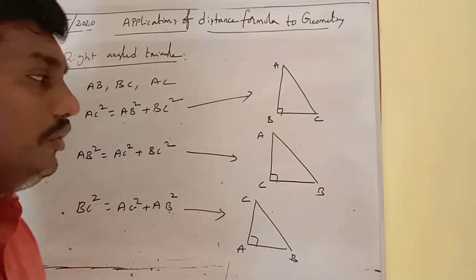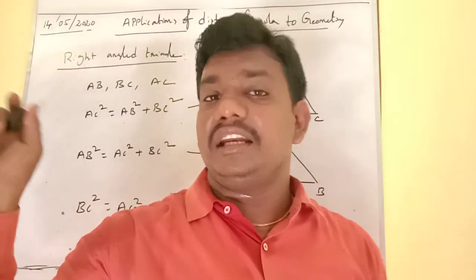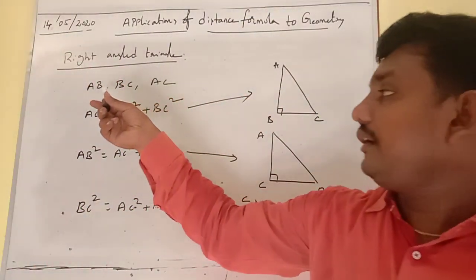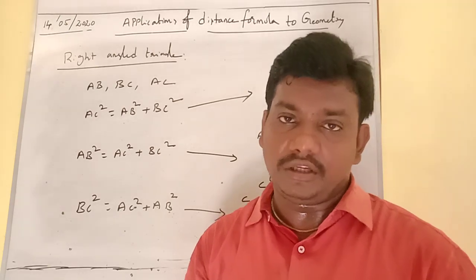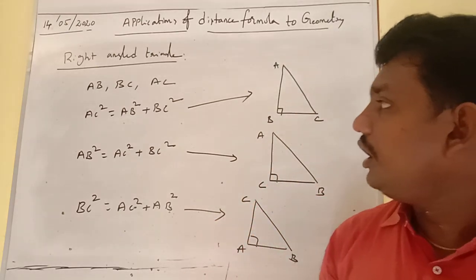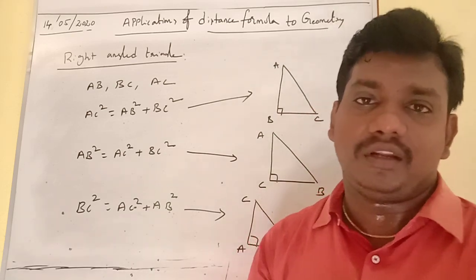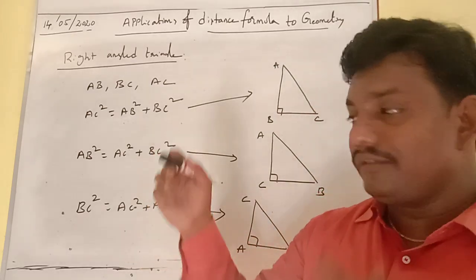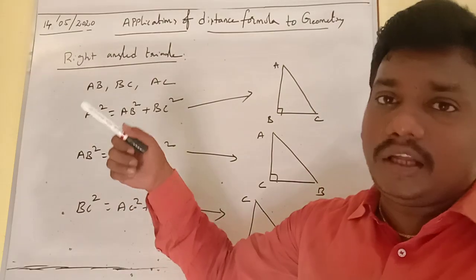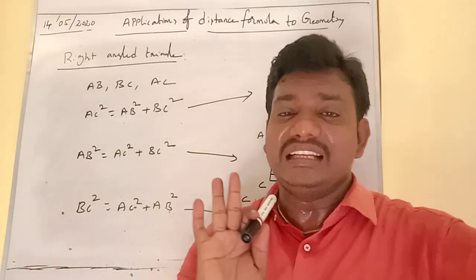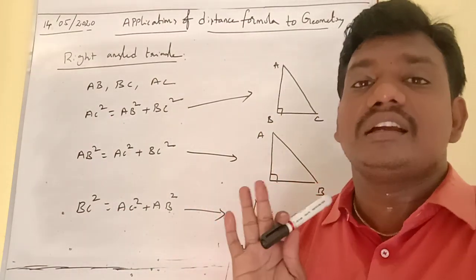If 3 points are given in coordinate geometry, how do you know whether the given 3 points form a right angle triangle? These are 3 types of conditions. In all the types of conditions, we have to find the distances using the distance formula.